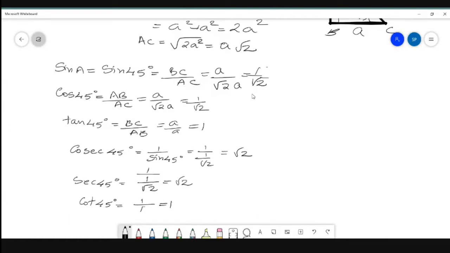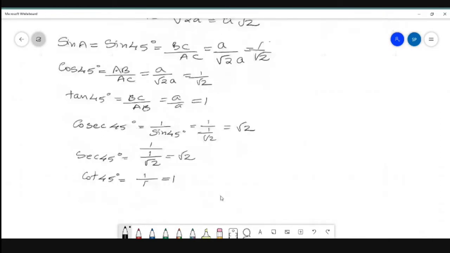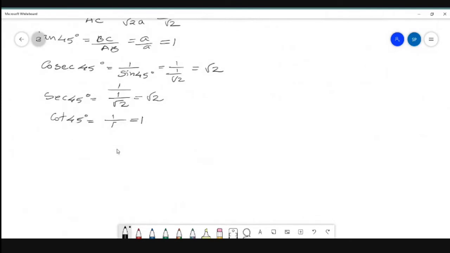Now we can see all the values here. Sin 45 equal to 1 by root 2, cos 45 is also 1 by root 2, tan 45 is 1, cot 45 is also 1, cosec 45 is root 2, and sec 45 is root 2. So you need to remember only the values of these ratios. You can remember like this. You can note down sin 45 and cos 45 are equal, that is equal to 1 by root 2.